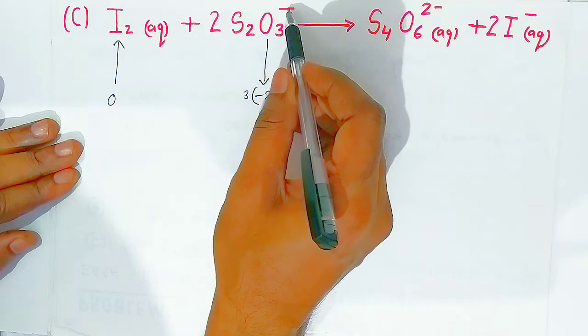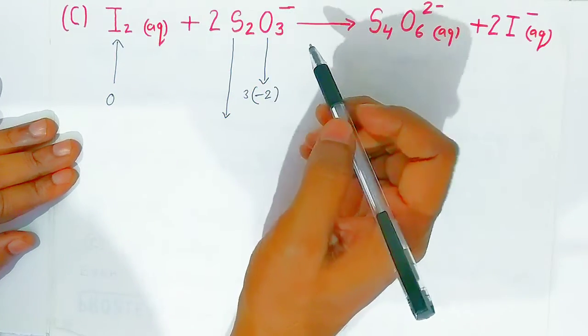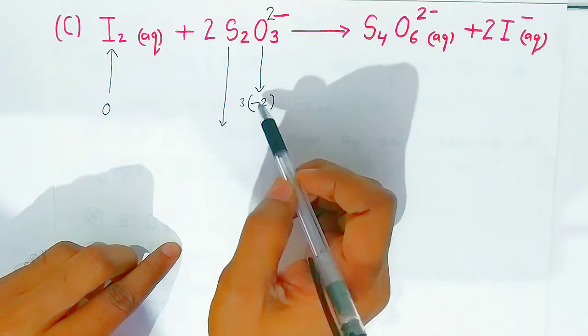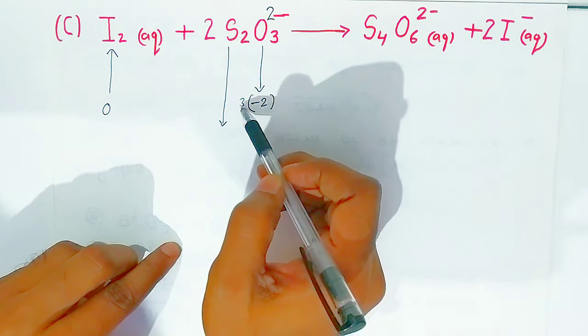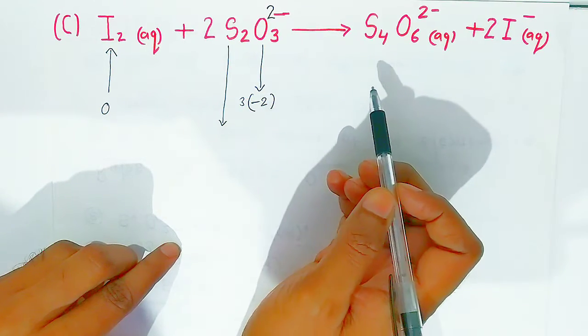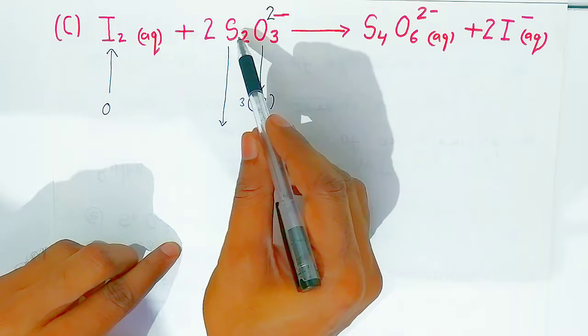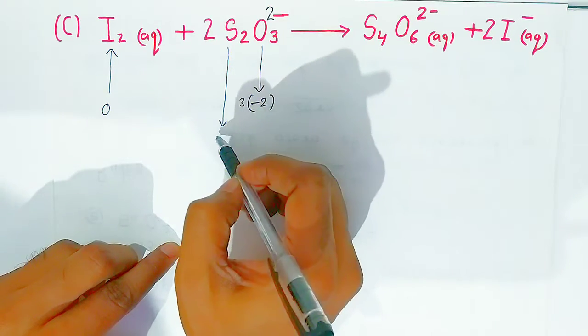Now because it contains a -2 charge, the oxidation number of sulfur: the oxygen is -2 multiplied by 3, that is -6. This -6 will go to that side and become +6, and because here sulfur is 2 atoms, you divide 4 by 2, and you will get the oxidation number of sulfur as +2.